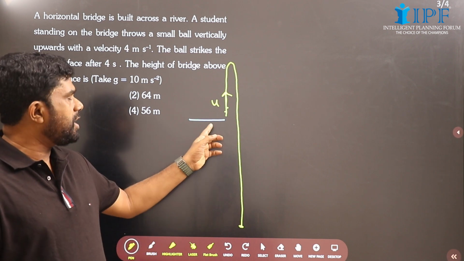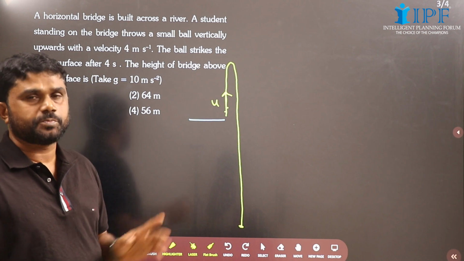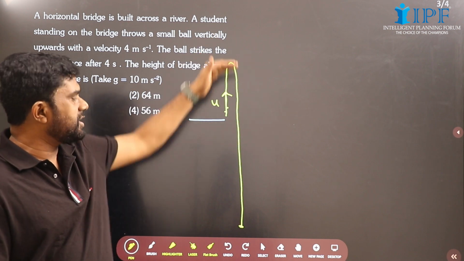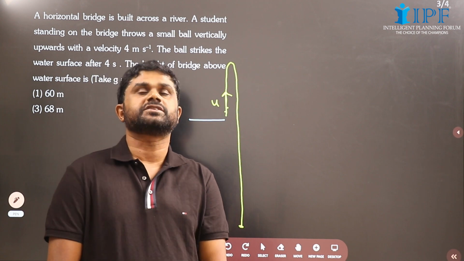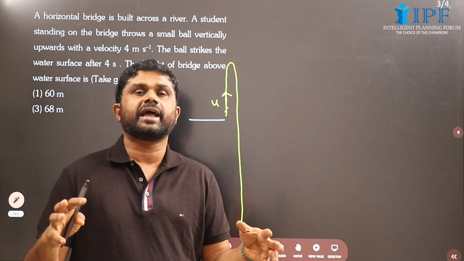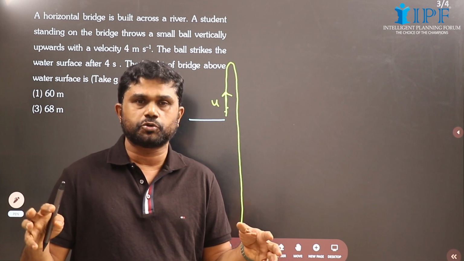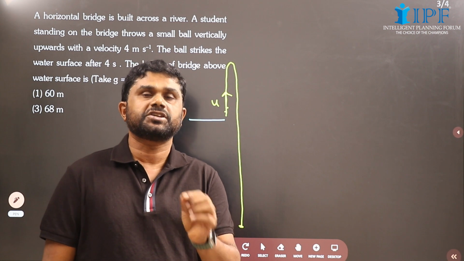First, you will have to consider the motion from the bridge to the highest point, then from the highest point to the water. In two parts. But there is no sign convention like g negative during upward motion and g positive during downward motion. Actually, what is g?